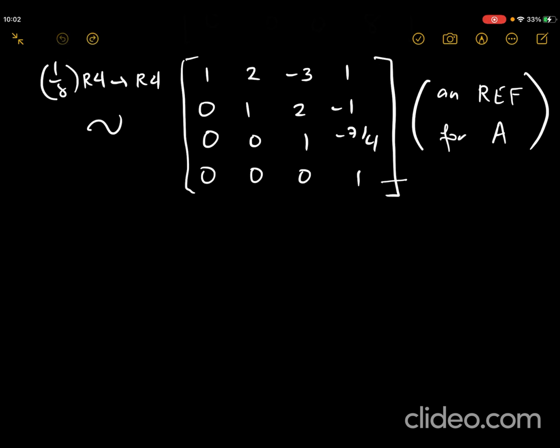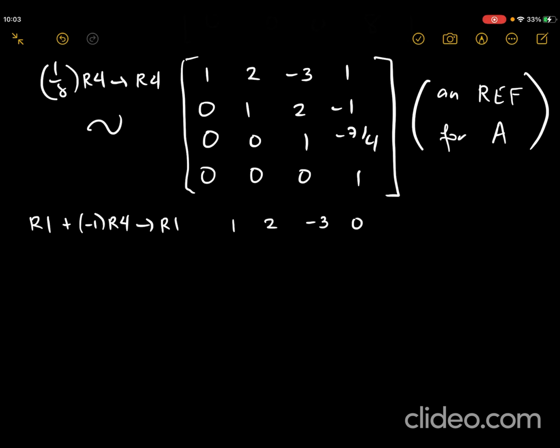So first we will use row 4 to eliminate these entries lying directly above this leading entry. To do that, we will multiply -1 to row 4, add to row 1, and that changes our row 1 to this.